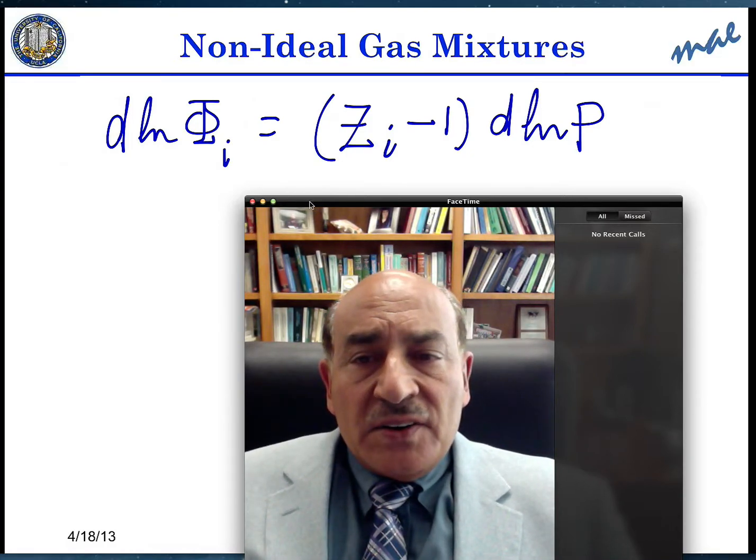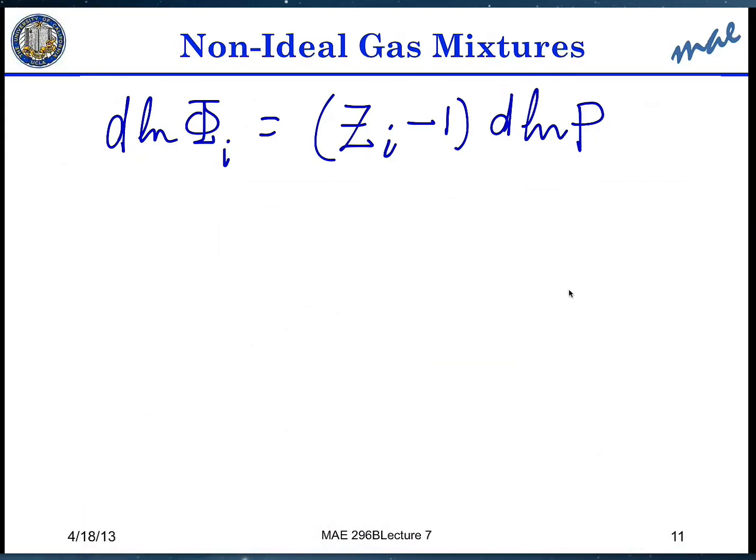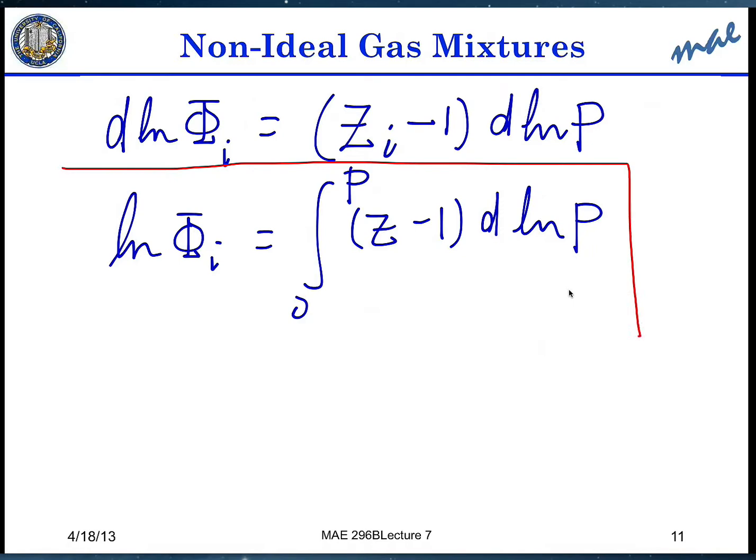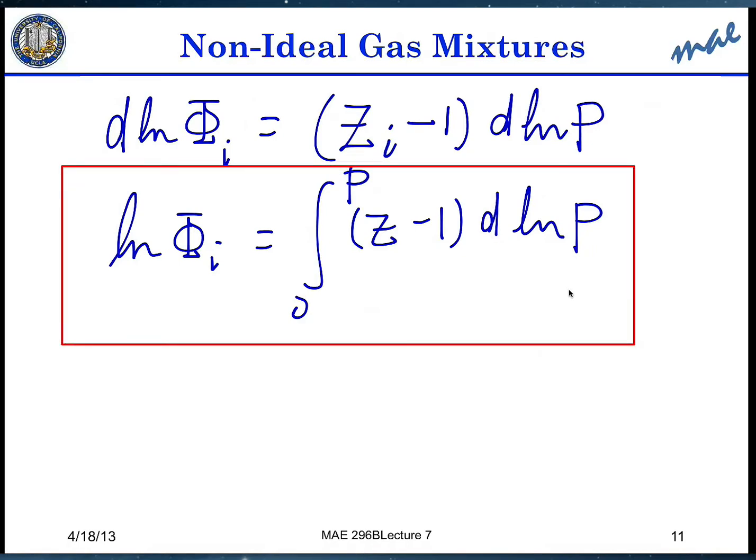So finally now I have this equation that I can use for finding phi in the system. So in this case, I have ln of phi I is equal to the integral from 0 to P of Z minus 1 times d ln of P. And this will be my final equation that I can use in my system here to determine the fugacity coefficient.